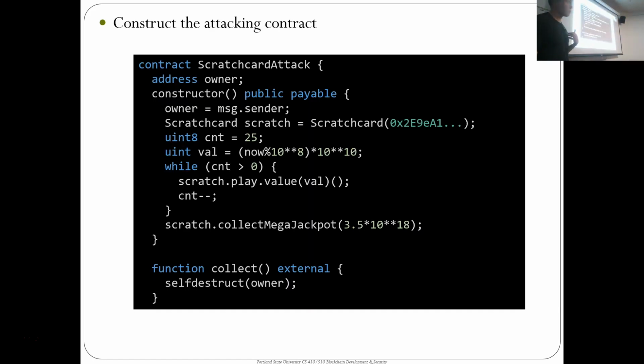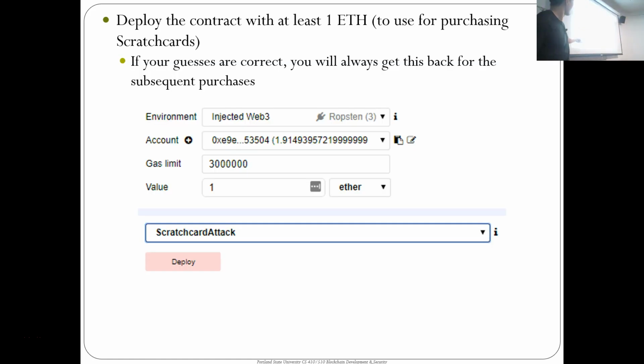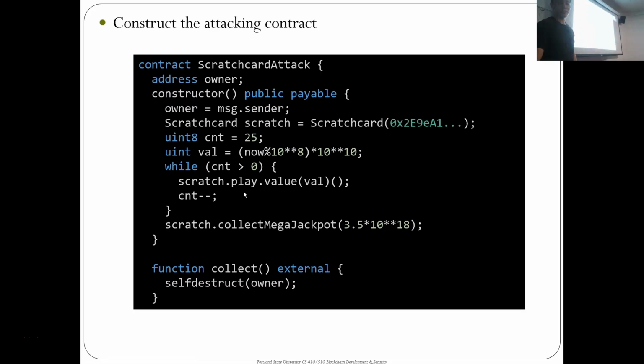So when I deploy this, I have to make sure I set the value to at least 1 ether. The reason is that this needs a sufficient amount to play the maximum amount that this gives you. It has to be able to fund this play appropriately.